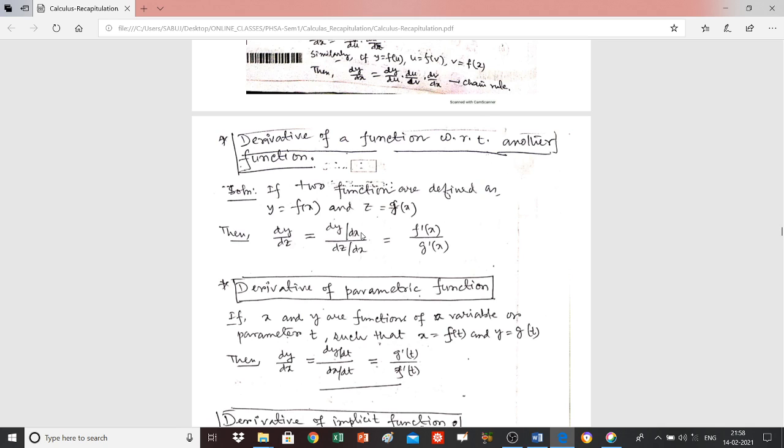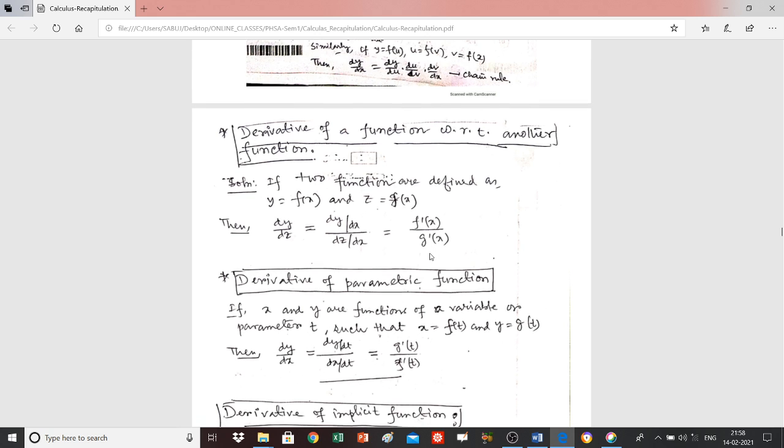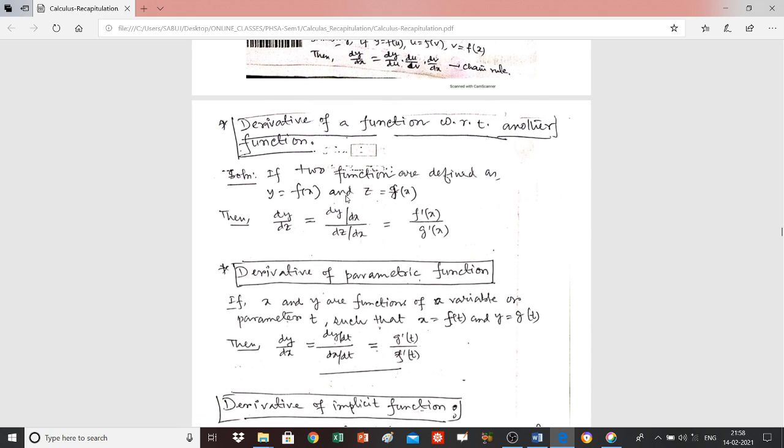You know that dy/dx is equal to d/dx of f(x), that is f prime x, and dz/dx is equal to d/dx of g(x), that is g prime x. So dy/dz can then be written as f prime x by g prime x, if they are functions of x.